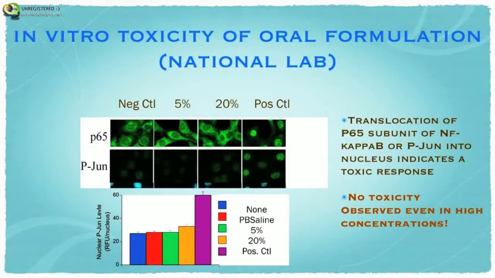So transcription factors like the P65 unit of NF-kappa B and PJUN were studied. And with varying concentrations of ASEA, you can see that the nucleus of these cells didn't change anything beyond the control, the negative control.